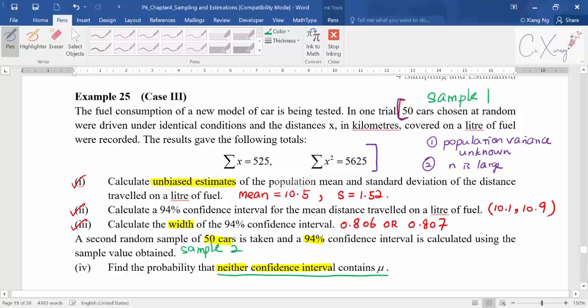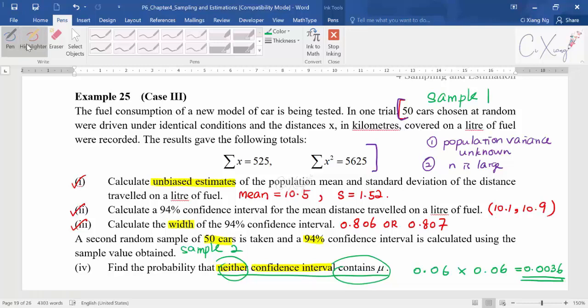So if it does not contain mu for the first confidence interval, the probability will be 0.06, 6%. Multiply with the second sample, which also does not contain the mu, also 0.06. So from here you get 0.0036.